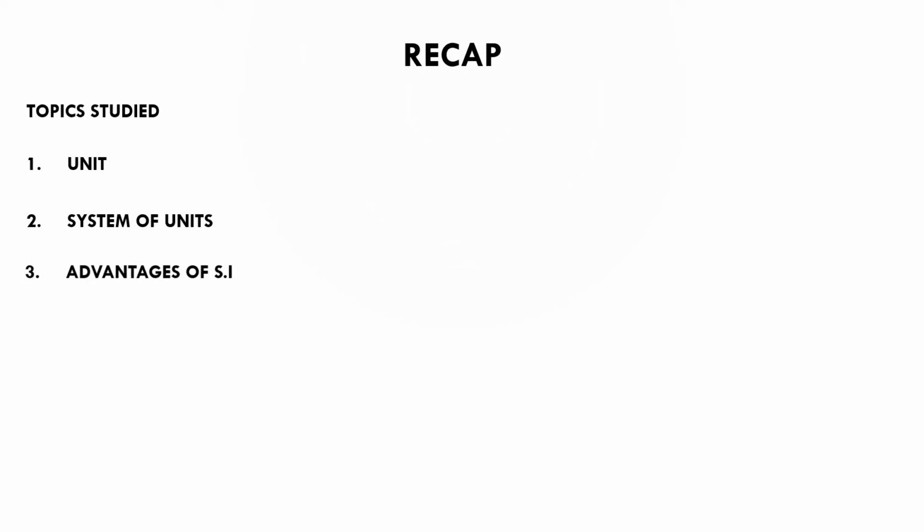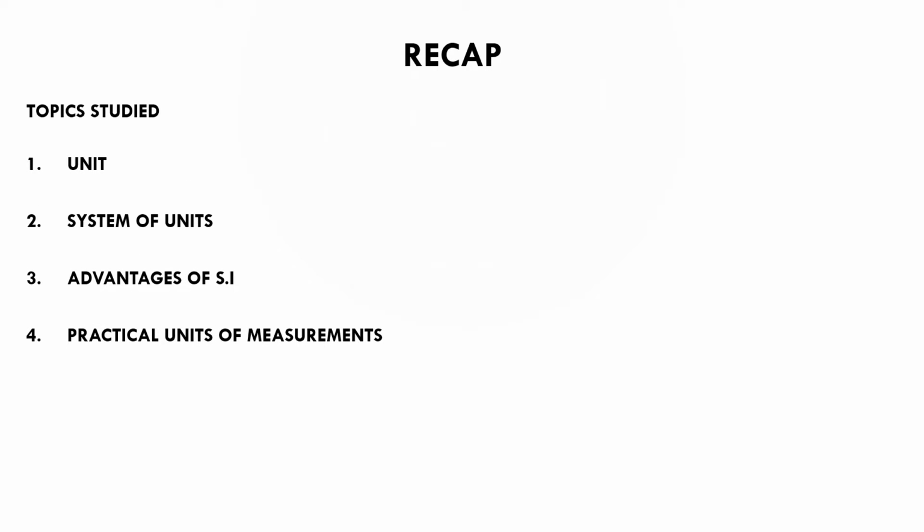Then the advantages of SI: it's a rational system, metric system, coherent, closely related with CGS, having only absolute units, no gravitational ones. The practical units of measurement: astronomical unit, the average distance between center of sun and center of earth. And what was the value? One astronomical unit is 1.496 into 10 to the power of 11 meters.